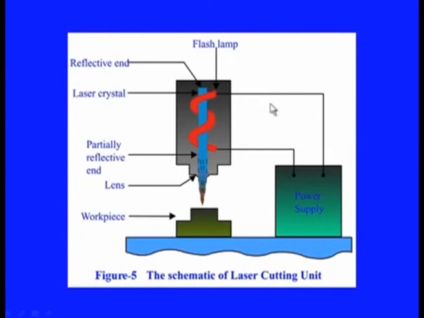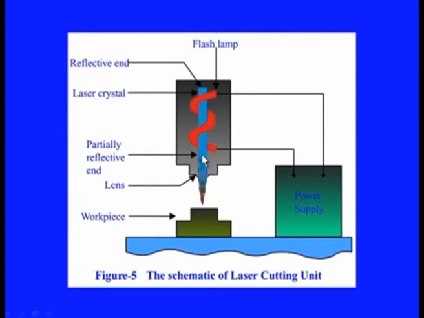This is another schematic of how the laser is being produced. So, this is the lasing material, and then this spiral red element is responsible for the additional energy, which is in the form of a flash lamp, and this will supply energy to this lasing material.